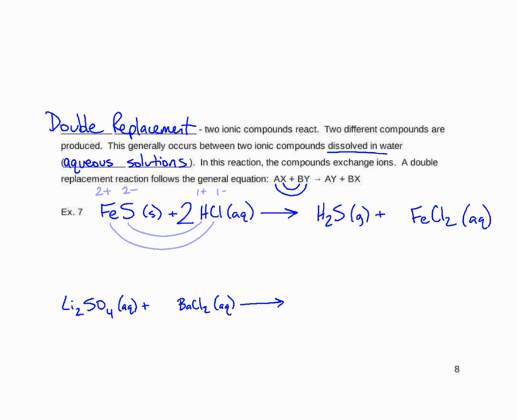Follows the same basic pattern. Here's how they're going to pair up: lithium and chlorine, barium, and this SO4 is one piece. Remember, it's a polyatomic ion.